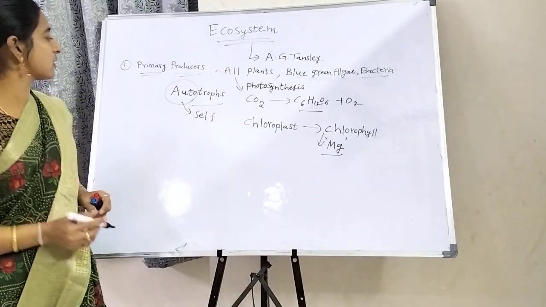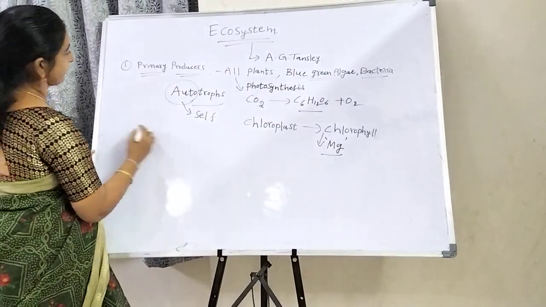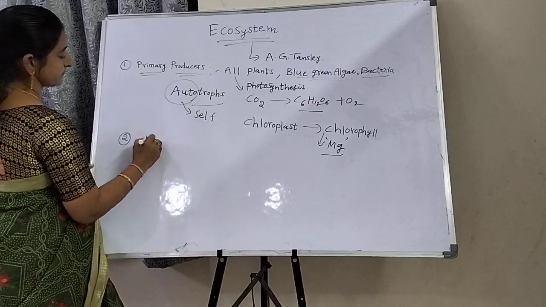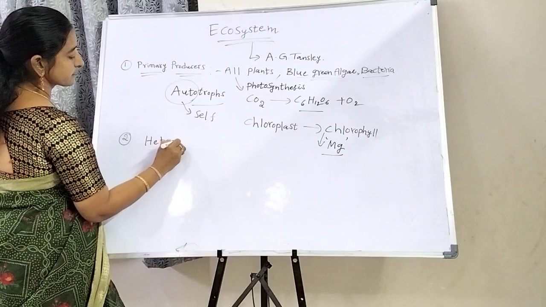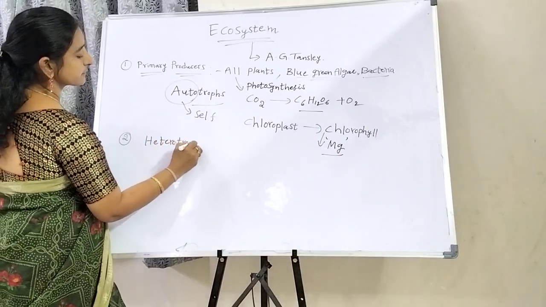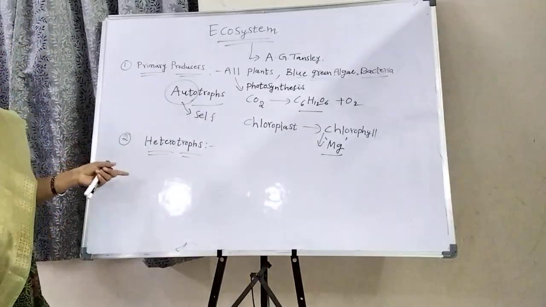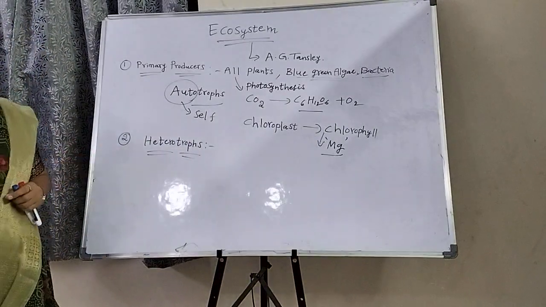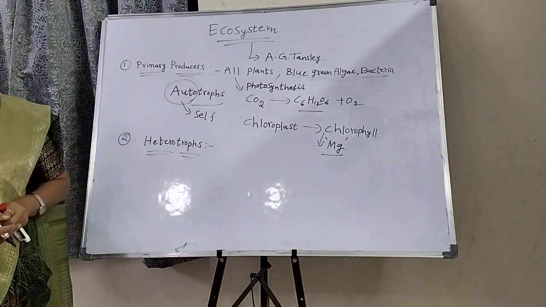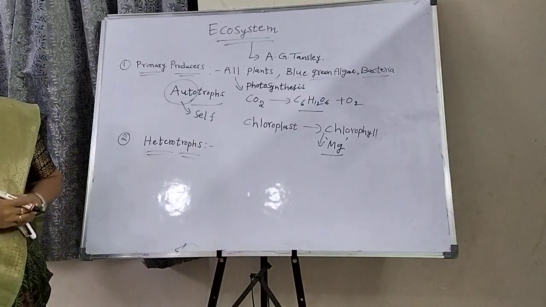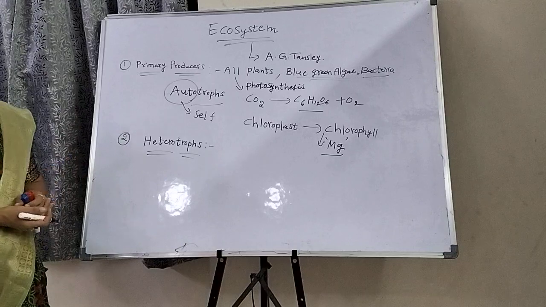Another one is heterotrophs. Heterotrophs are dependent on other organisms. Heterotrophs are primary consumers; another name is primary consumers.